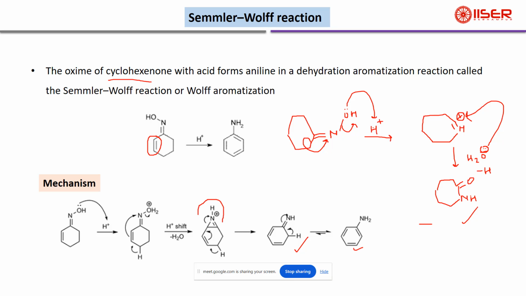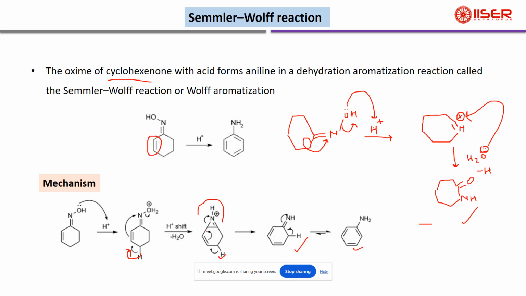Suppose we already have a conjugated double bond in the ring. What will happen? In that case, instead of migration of the adjacent carbon-carbon bond, this double bond migrates itself. After protonation of this OH, it becomes a good leaving group, and the adjacent allylic H plus migrates away, and the double bond shifts to the nitrogen atom, forming this azirine type of intermediate.